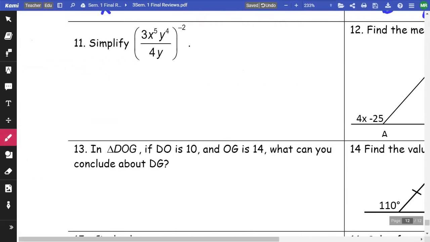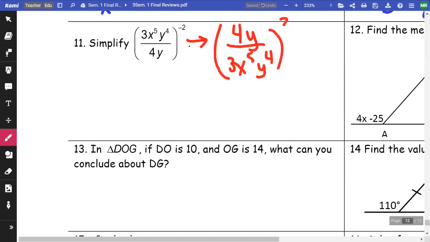So for 11, since it is a negative exponent, and a negative exponent flips, is the reciprocal of whatever you get when you raise it to the positive of that power, I am going to write it like this. I'm going to flip this, 4y, 3x to the 5th, y to the 4th.